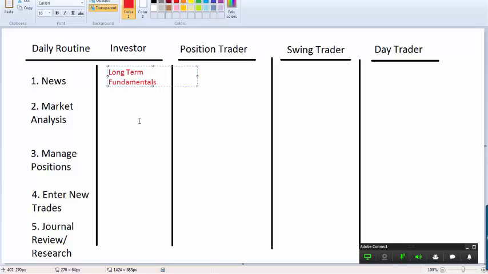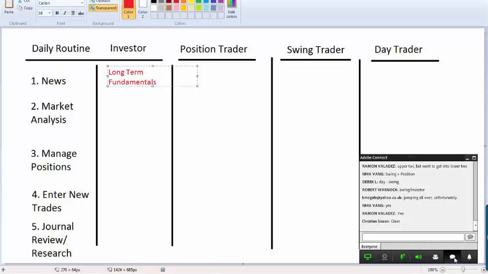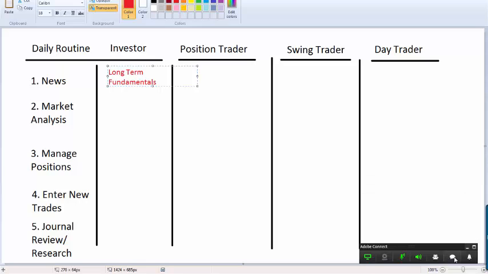And by the way, does this have anything to do with whether we're looking at commodities or stock or options? No. These are mindsets. These are time frames. Whether you're a Forex trader or a futures trader or a stock trader, investing, position trading, swing trading, day trading, that's simply time frame. So it applies to any product out there.